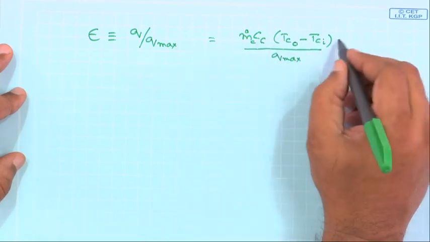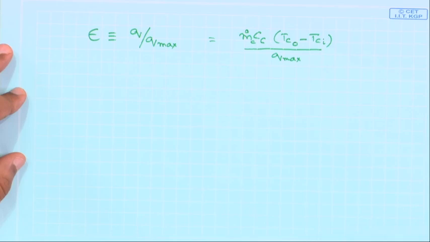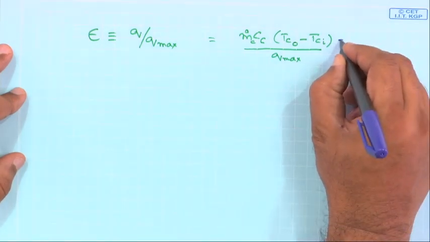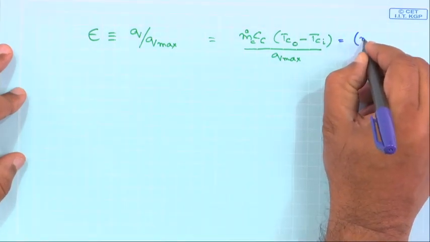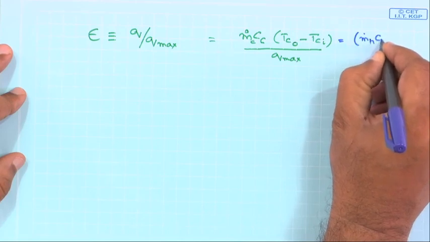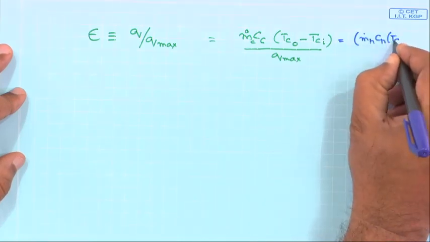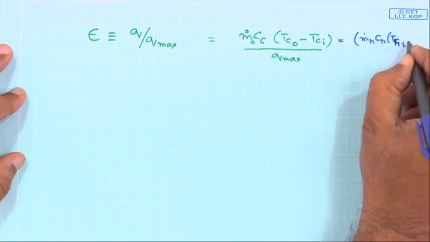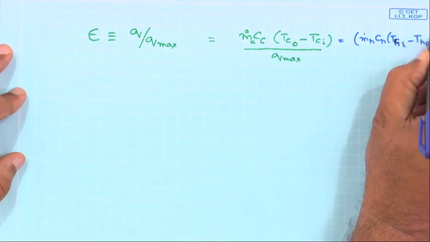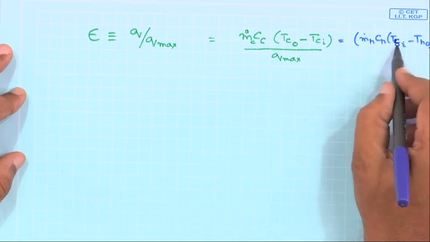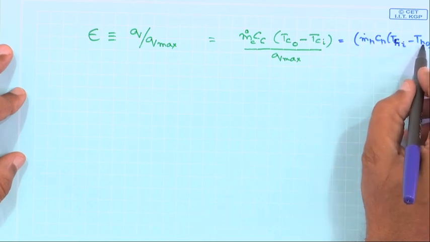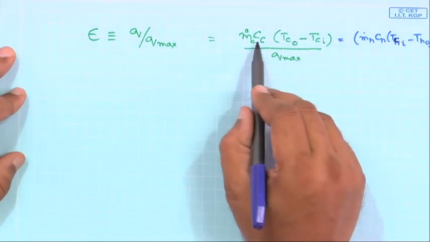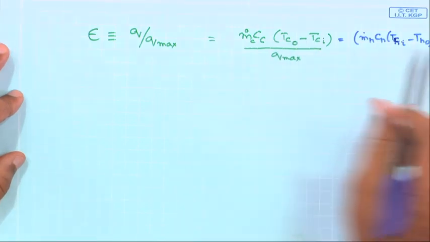You could write this also as m dot H C H times T H at the inlet minus T H at the outlet. But since the T H at the outlet is not known to me at this point, I am simply using these values since they are known to me.